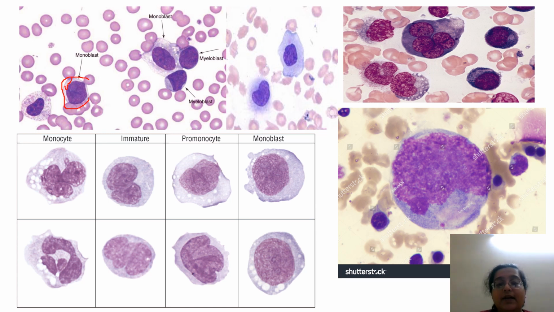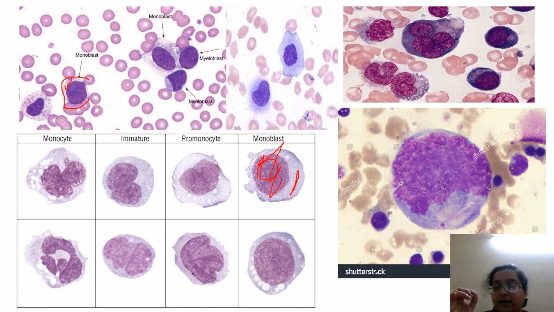That of a monoblast is lacy, like lace or tissue paper. The cytoplasm is the same as a myeloblast, ample or moderate in amount, but the color is sky grayish bluish. A myeloblast will be a little pinkish bluish, and a lymphoblast will be like ink.